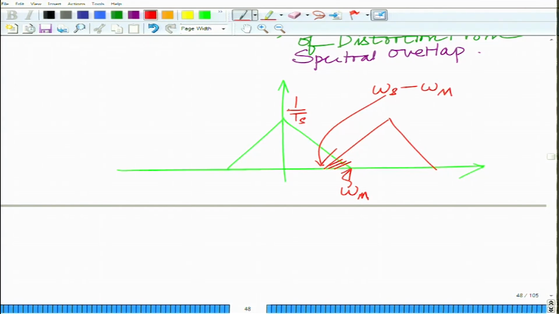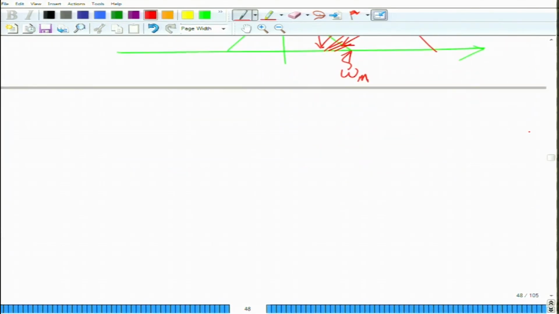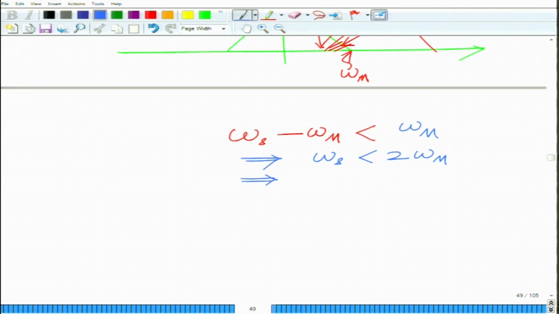This quantity is where there is overlap, and that causes distortion, which is termed as aliasing. So, omega s minus omega m less than omega m implies omega s is less than twice omega m, which implies overlap, which is basically equal to aliasing. This is a distortion.